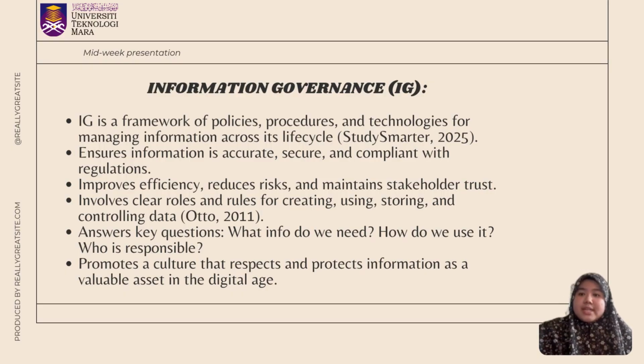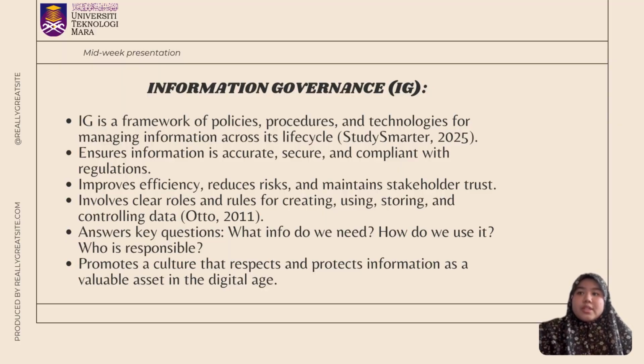Let's begin with a basic understanding of information governance, or IG. Based on Study Smart 2025, IG is a framework of policy, procedure, and technologies for managing information across its life cycle. The main goal of IG is to ensure information is accurate, secure, and compliant with the regulations. It also helps to improve efficiency, reduce risk, and maintain stakeholder trust.